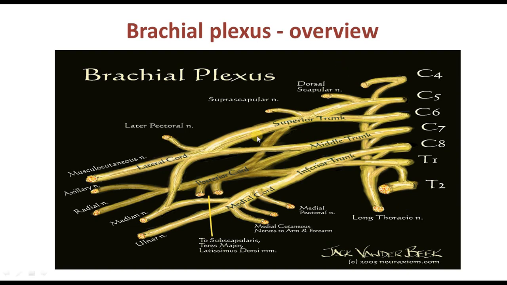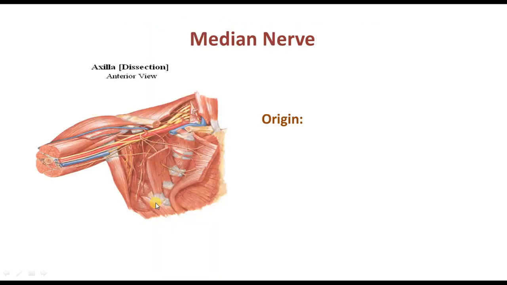Beyond the axilla or the upper part of the arm, there are the musculocutaneous nerve and axillary nerve, and beyond that the terminal branches of the three cords: the radial nerve from the posterior cord, the ulnar nerve from the medial cord, and the median nerve from a combination of the lateral and medial cords. These three are the terminal branches of the brachial plexus which innervate the upper limb, so I need not discuss much about how they are formed.